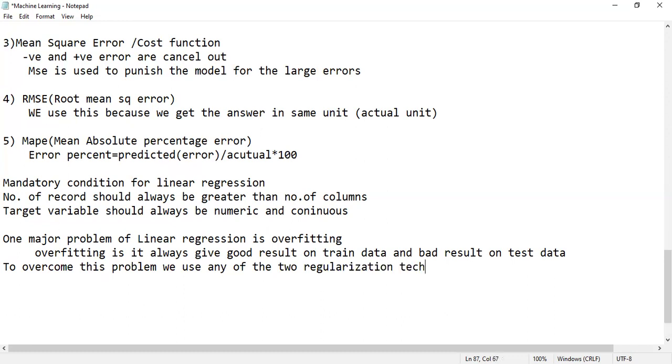First one is Ridge, also called L2 regularization technique. And second one is Lasso, which is called L1 regularization technique.